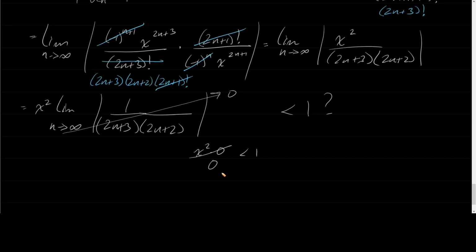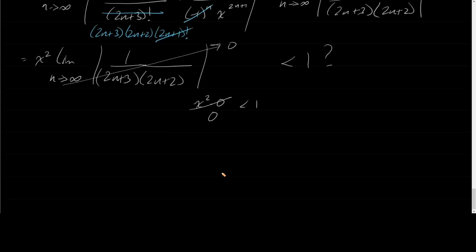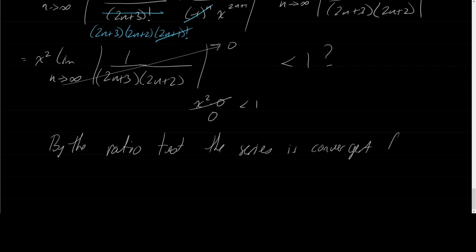So in here what we're saying is that by the ratio test, the series is convergent for all x, which implies that our radius of convergence is infinity. So in other words, the domain for the function there is all real numbers.